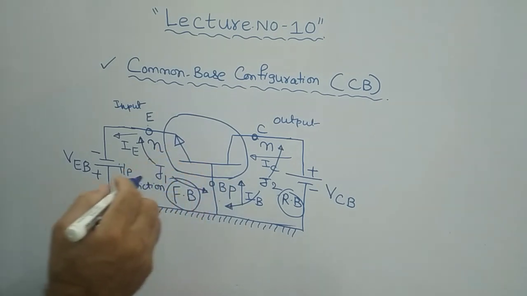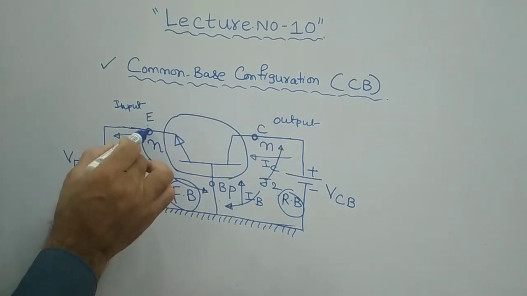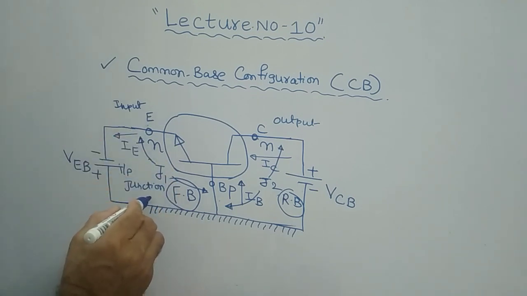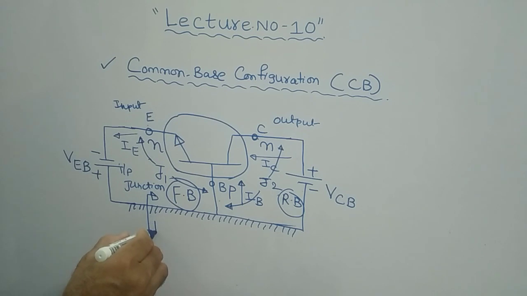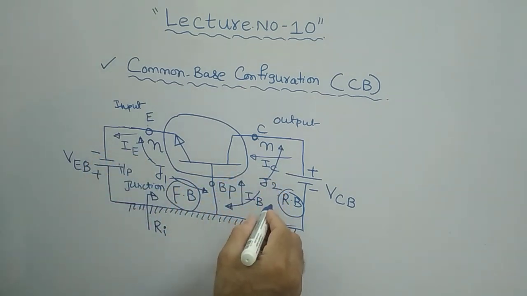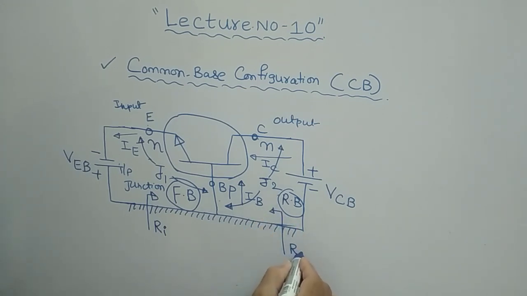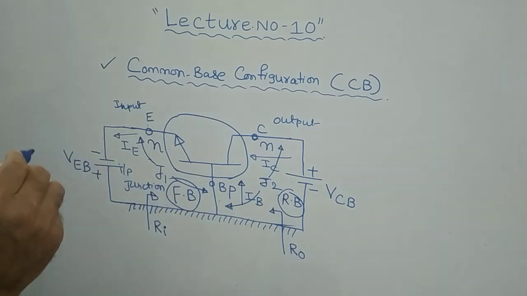What are those parameters? At the input junction, you must focus on the input impedance, that is R suffix I. And similarly at the output junction, you must observe the output impedance, R suffix naught, R0.